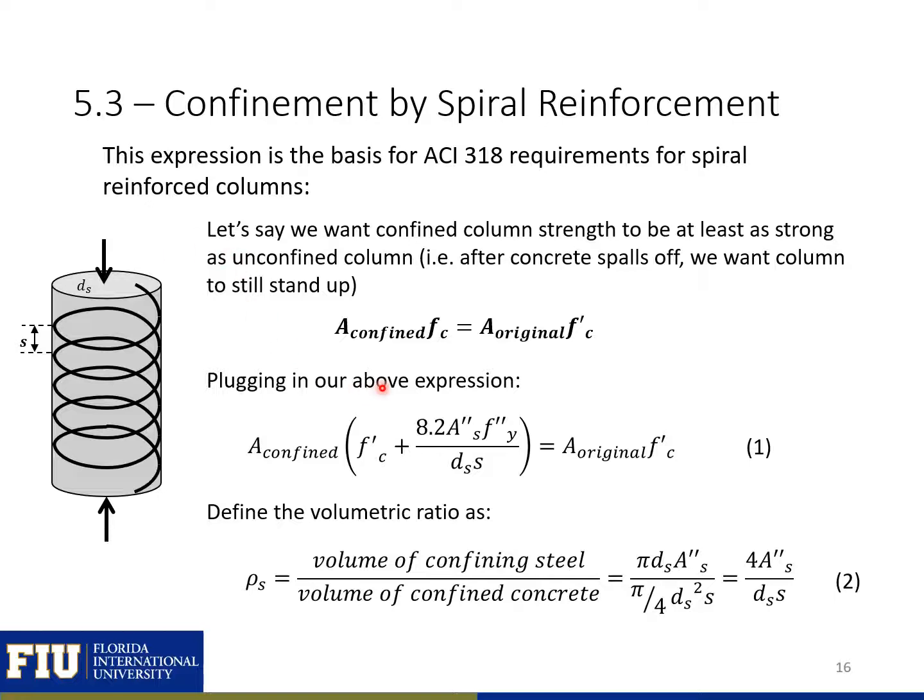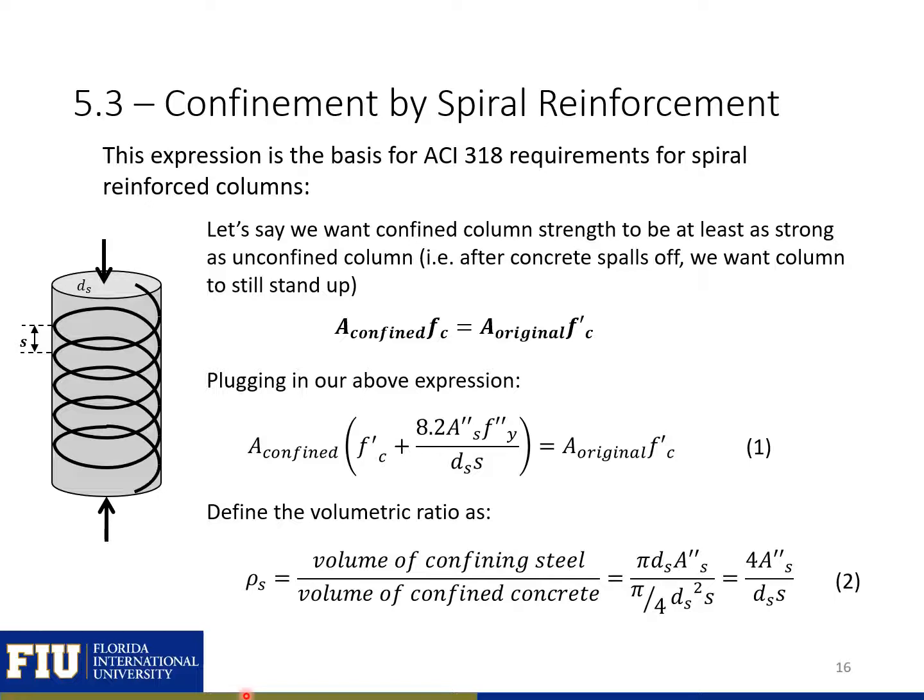So we have our confined area of our concrete times the confined strength of our concrete equal to the entire area of our concrete times the compressive strength of our concrete. We can plug in our f'cc expression from the previous slide to give us this next expression here.